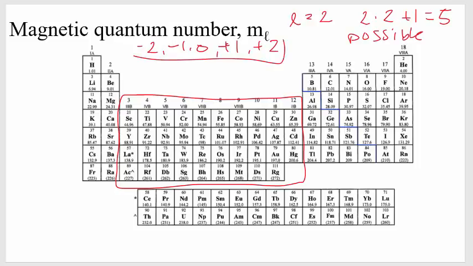So these are the 5 possible M sub L values, and we'll go through this series twice: -2, -1, 0, +1, +2. Then -2, -1, 0, +1, +2. So these M sub L values apply to everything in a column. They would have the same M sub L values, but different values for N, the principal quantum number.